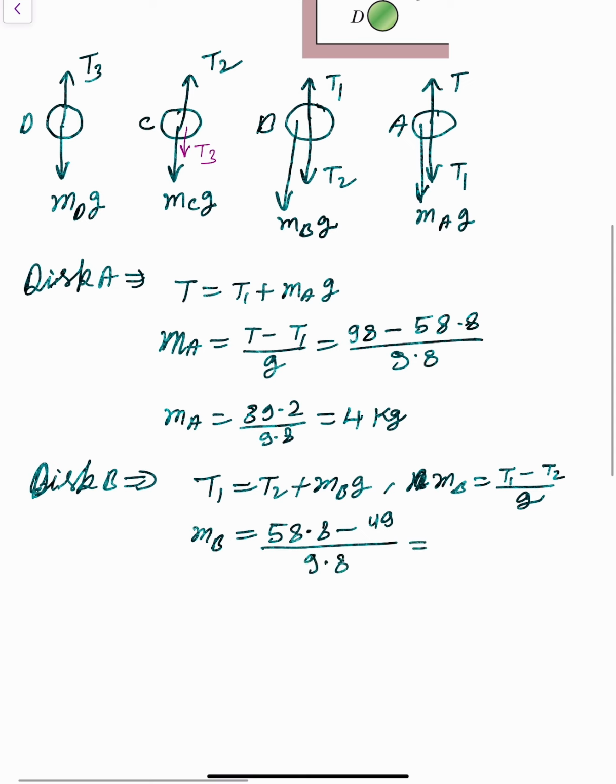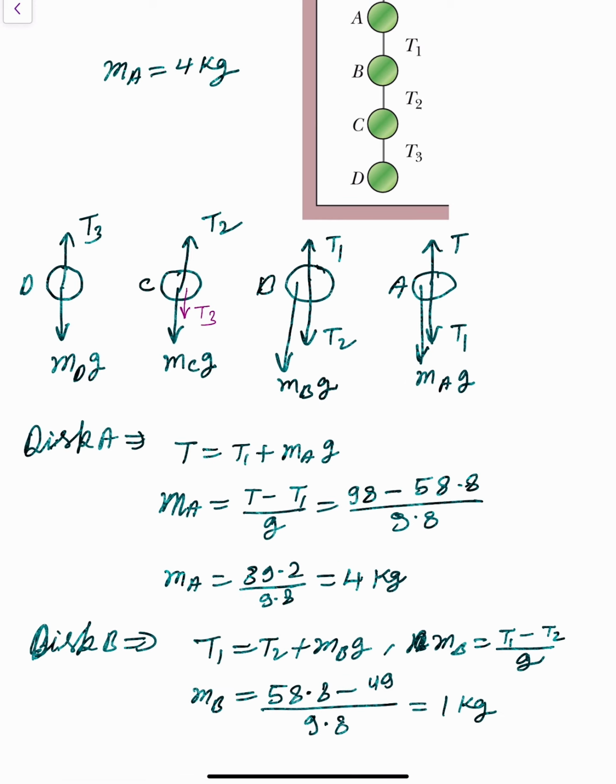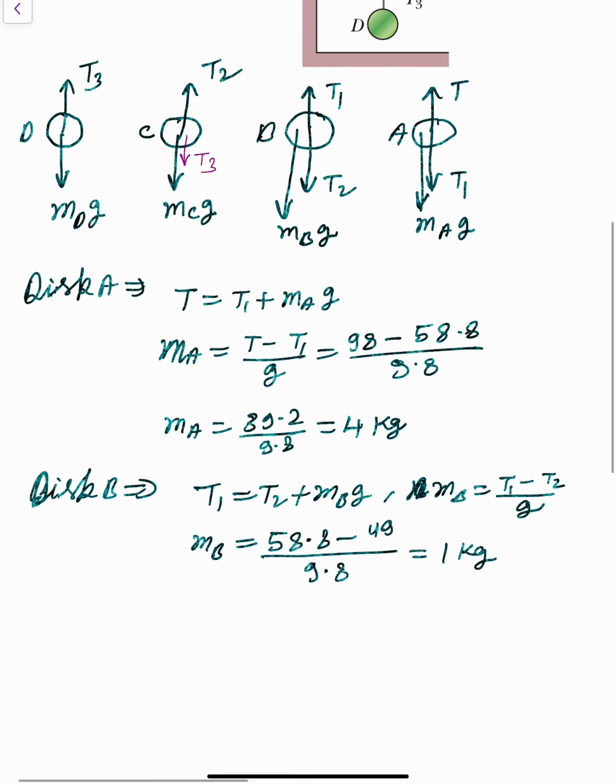So what about that value? Simply 9.8 divided by 9.8, so basically 1 kg. So the mass of disc B is how much? 1 kg. After that, focus on disc C.